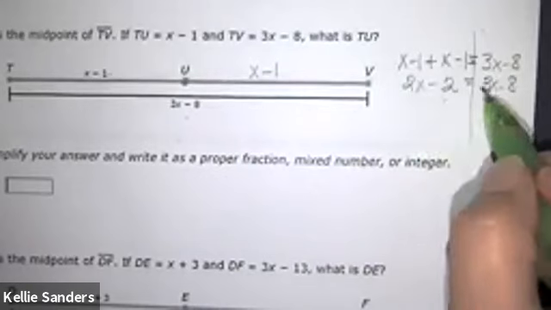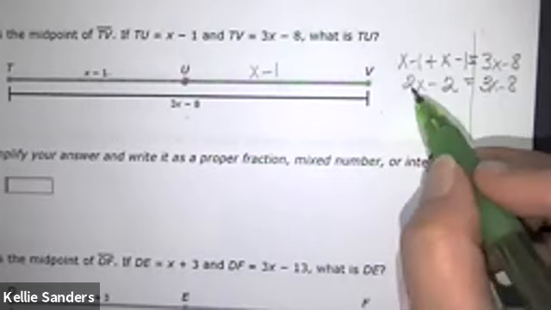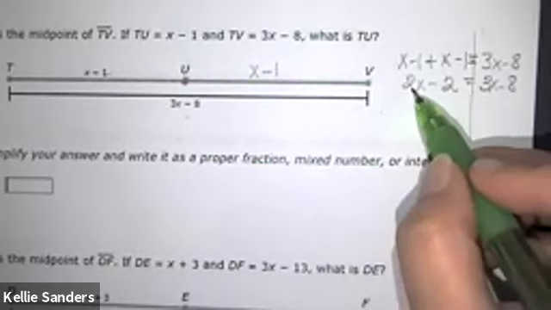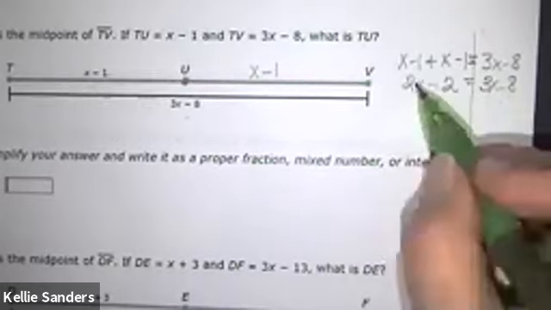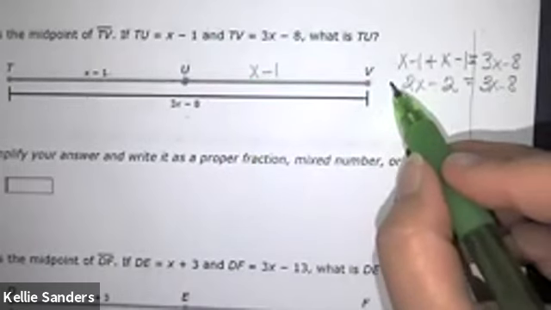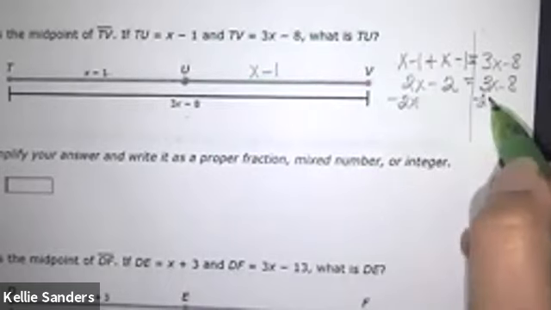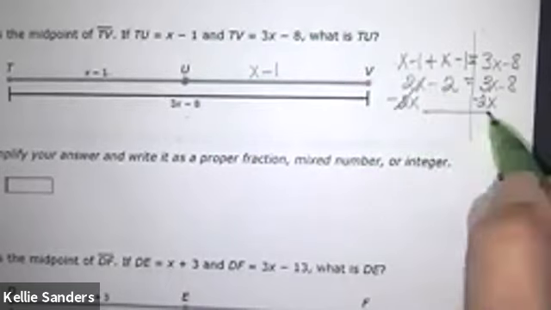Let's look at the x's first. In general, it's going to be easier to move the x's first and always move the smaller x. This x is smaller, so we're going to move it over here. Right now, this x is positive because there's not a sign in front of it, so we're going to subtract it from both sides, and that goes away.